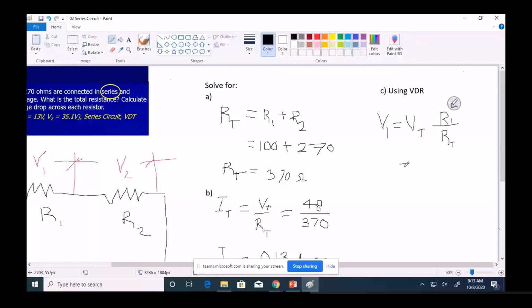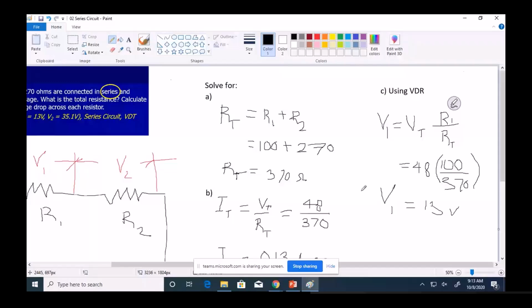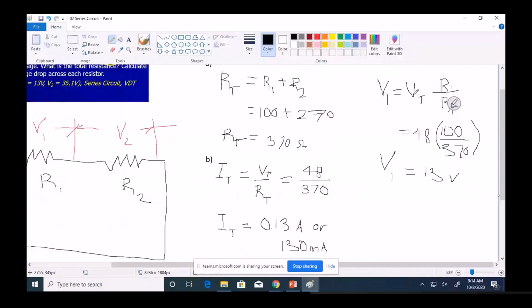So we have V total 48, your R1 will be 100, divided by R total, 370. I am sure you will get 13 volts. You can check. Therefore, using the VDR, you will get the same answer as with Ohm's law. This is a shortcut if these are available.